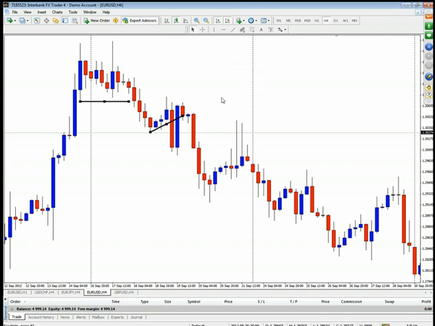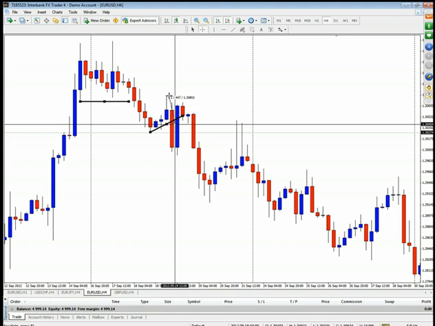This entry is very basic. If you never got in from an earlier entry, you're looking for entries along the way with the trend. So you would have put your order to sell right here, which would have been at 130.40.